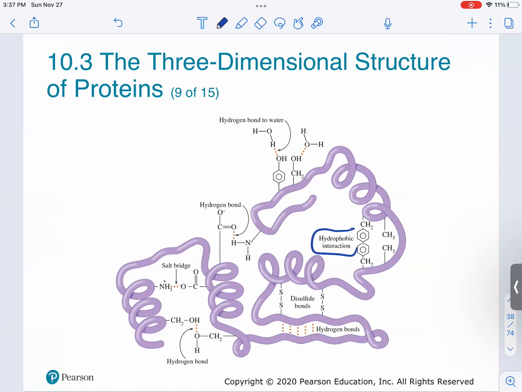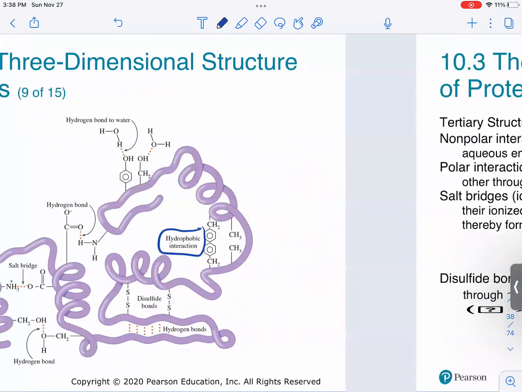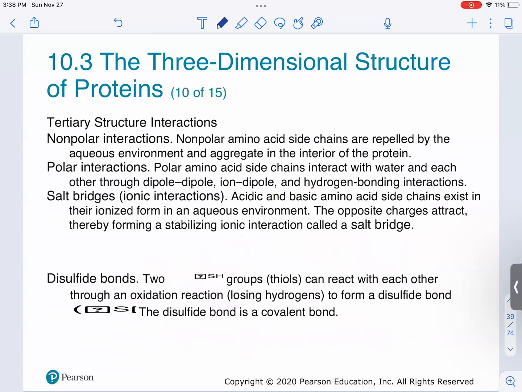You have hydrophobic interactions, like those London dispersion forces we went over. Some amino acids are going to be able to form disulfide bonds with similar functional groups on nearby amino acids. You're going to have hydrogen bonding interactions and something called a salt bridge. So let's talk a little bit about these.